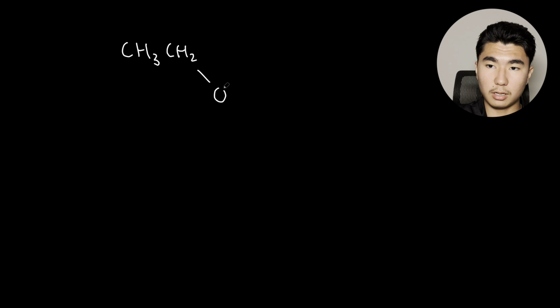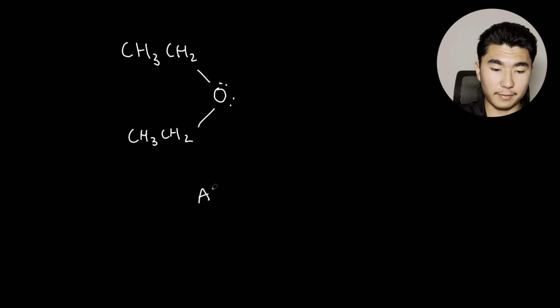So let's say we have something like CH3CH2 bonded to an oxygen, which is bonded to another CH3CH2, and over here we have Al, then Cl, Cl, Cl.